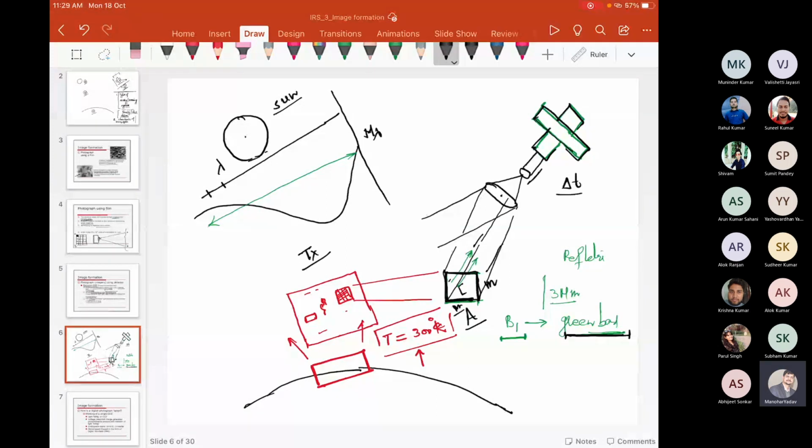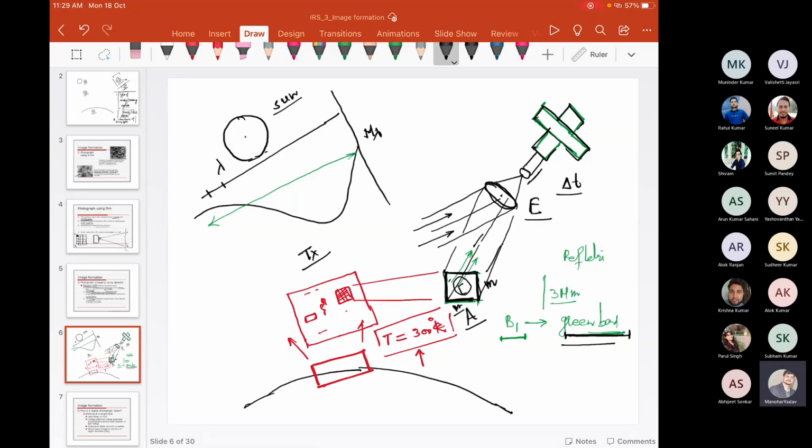So the total energy sensed by the sensor is a combination of the atmospheric scatter in the green band as well as the upwelling radiance coming from the ground resolution cell. Let's say the total energy is E.